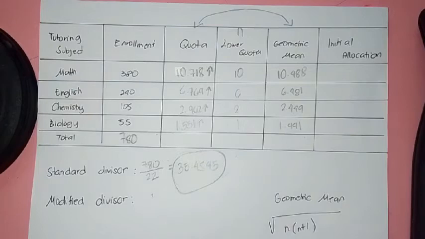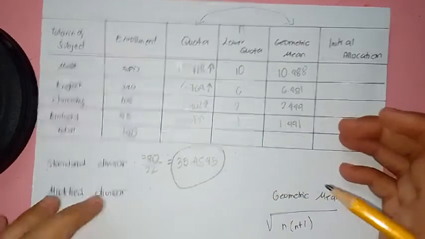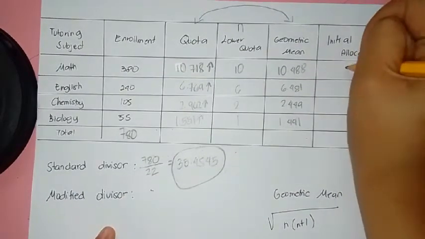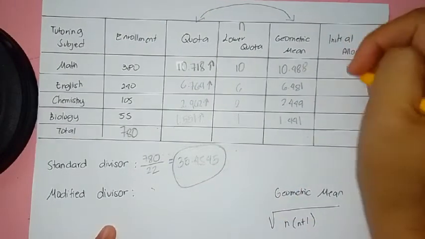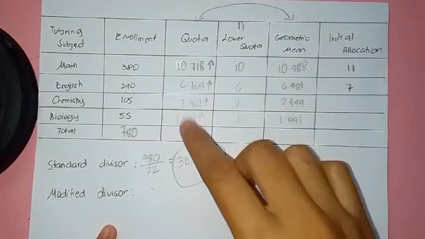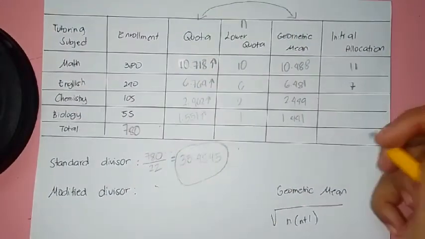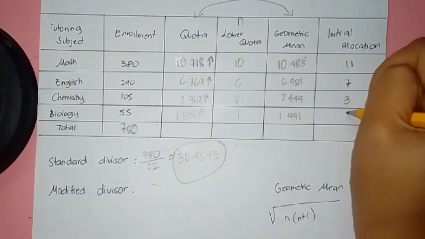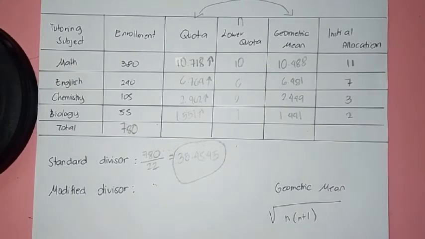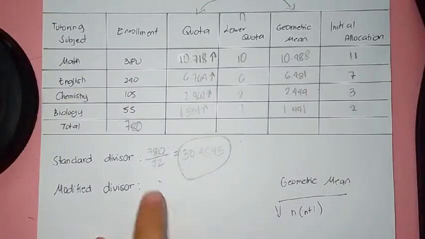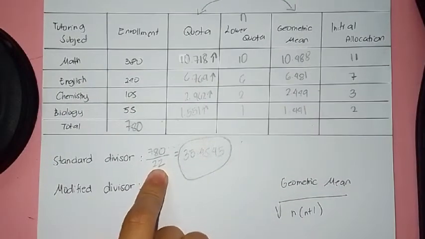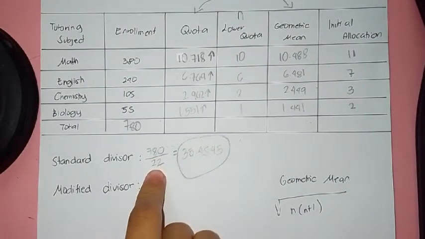So for the initial allocation, here is 11, here is 7, here is 3, and here is 2. So, we add this and compare to our given 22 tutors to see if we met it.